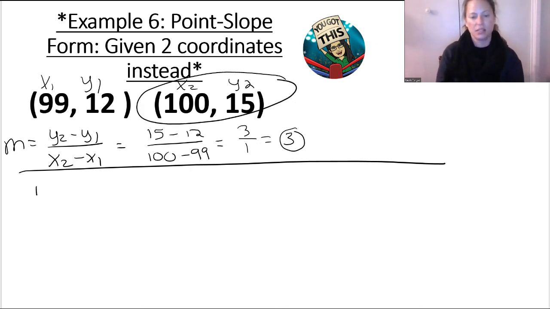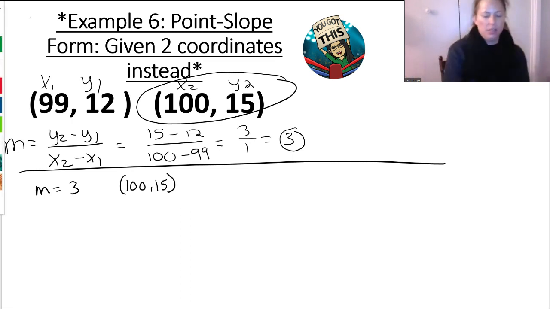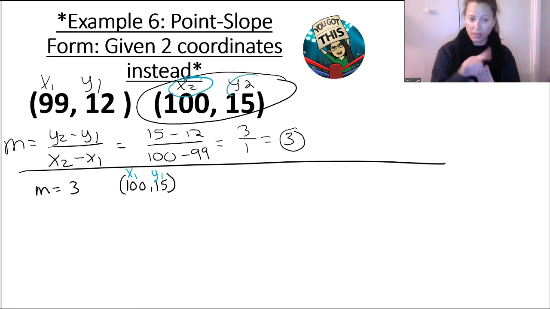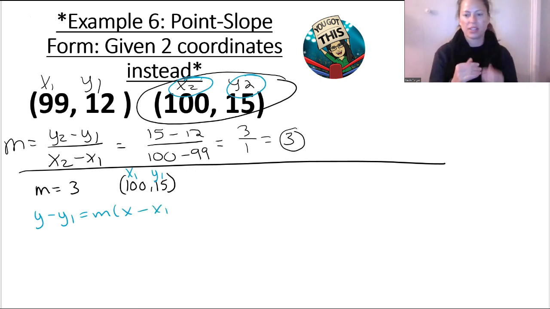Okay, so I'm going to just rewrite my information as if it was just given to me, just for organizational purposes. Okay, and let me change my color. Okay, so I'm going to say this is x1, this is y1. Even though I labeled it as x2 and y2 over there, it does not matter. Now I'm going to do y minus y1 equals m times x minus x1.